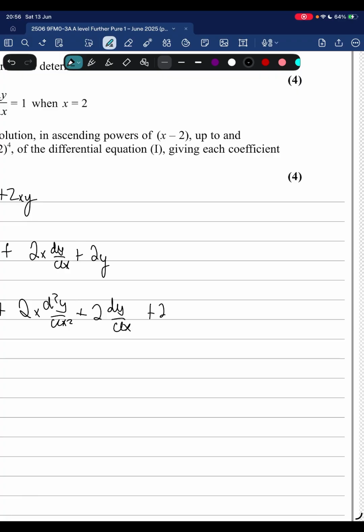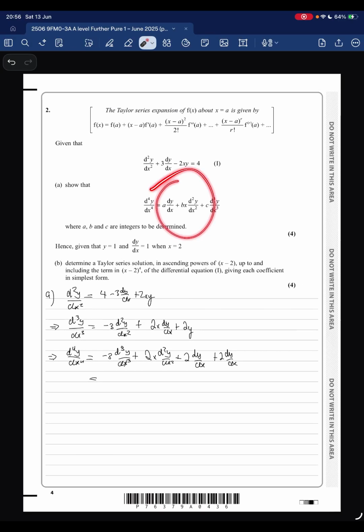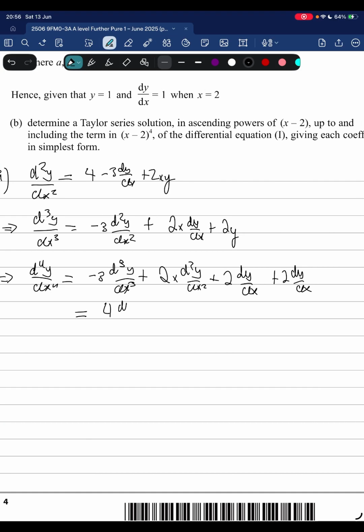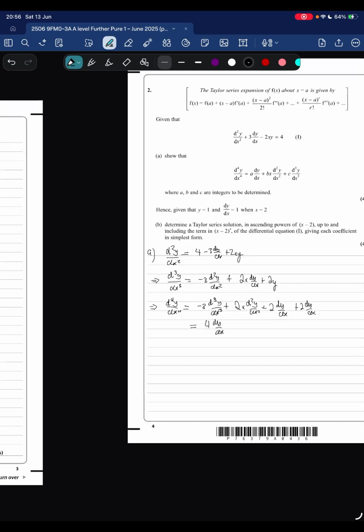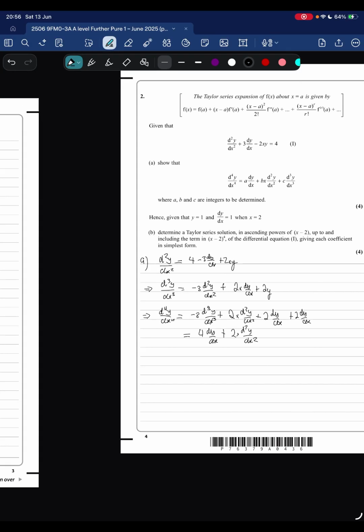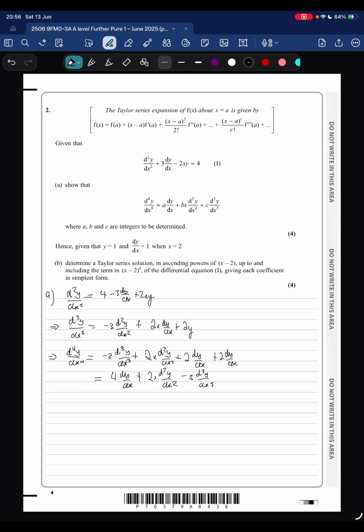Differentiate y, we get 2 dy by dx. We can collect like terms and write it in the form of the question. So we put a dy by dx first. So we get 4 dy by dx plus 2x d2y by dx squared, and then minus 3 d3y by dx cubed. And that's part of the question done. So we know our values of A, B, and C.